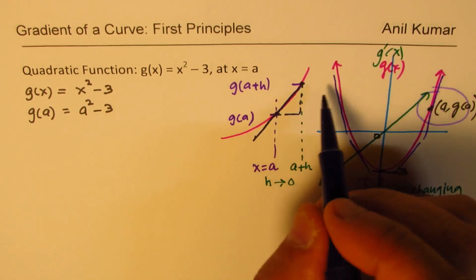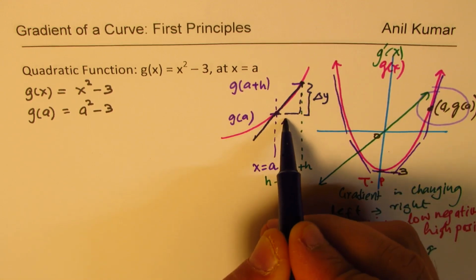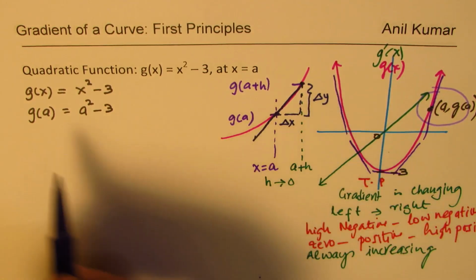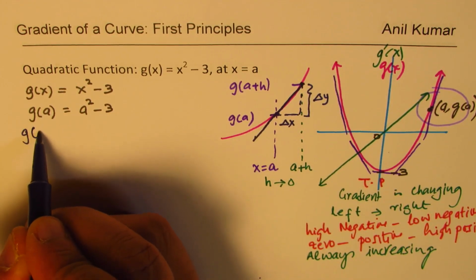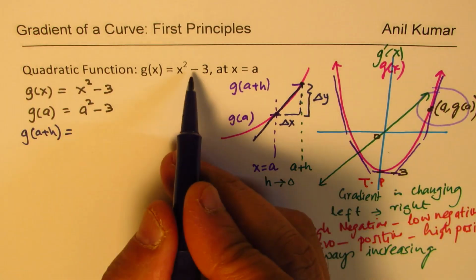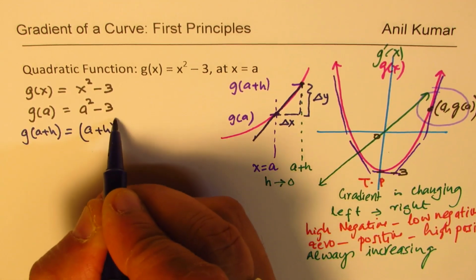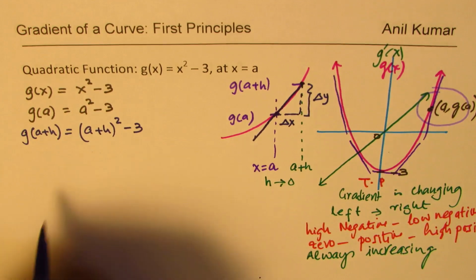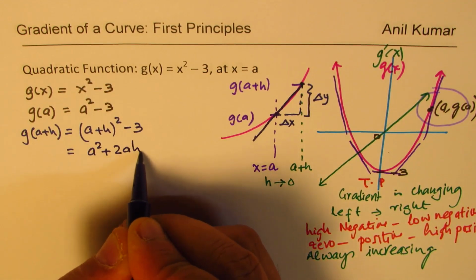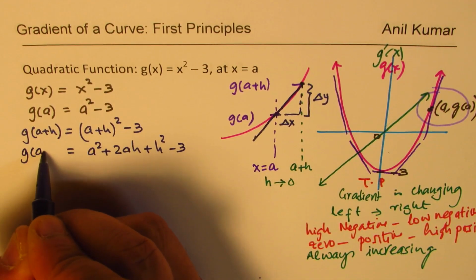So the slope will now be the difference in these two values, which is delta y over delta x. Is that okay? So now, what is g of a plus h equal to? Substituting a plus h for x, we get a plus h whole square minus 3. And that gives you a squared plus 2ah plus h squared minus 3. So this is g of a plus h.